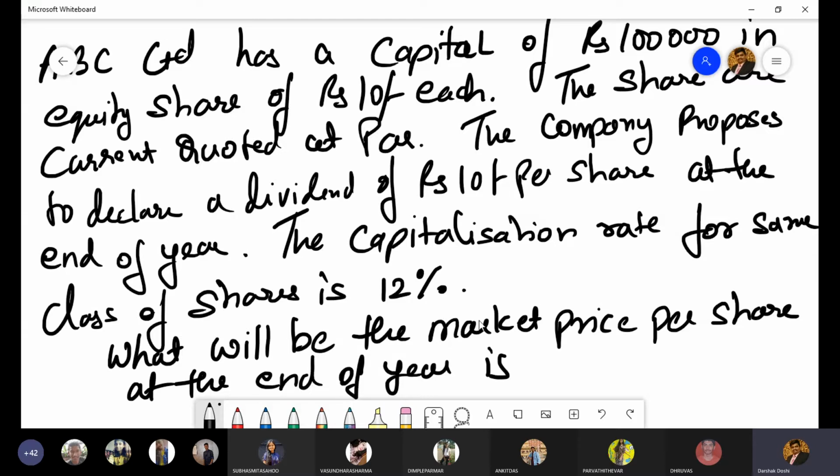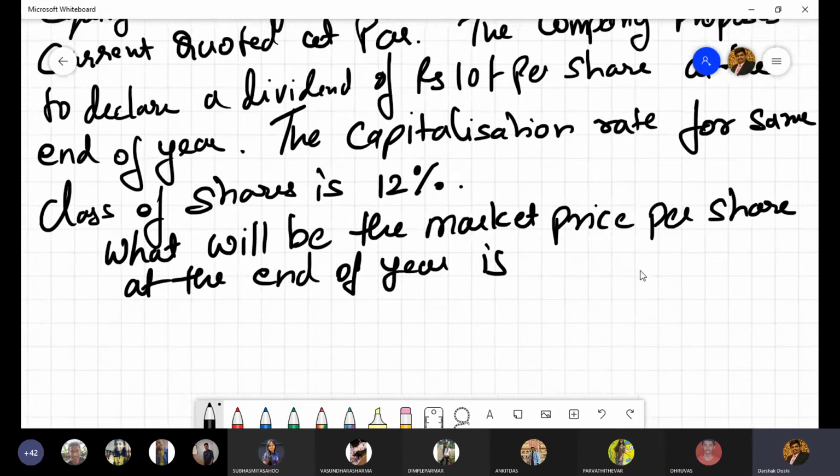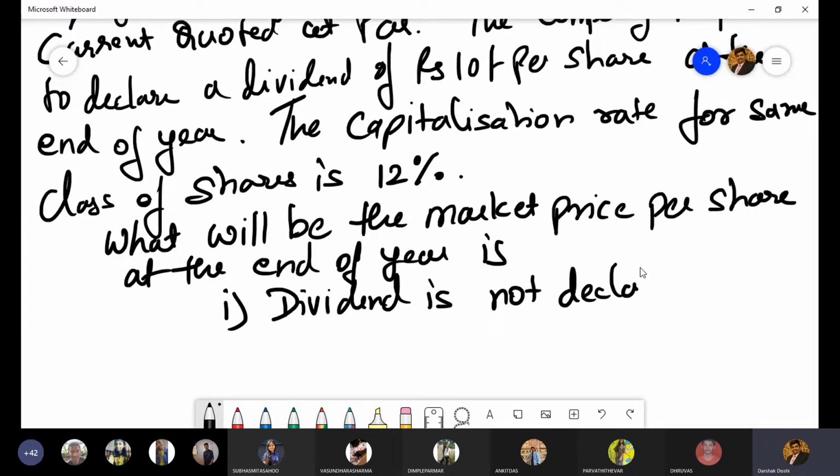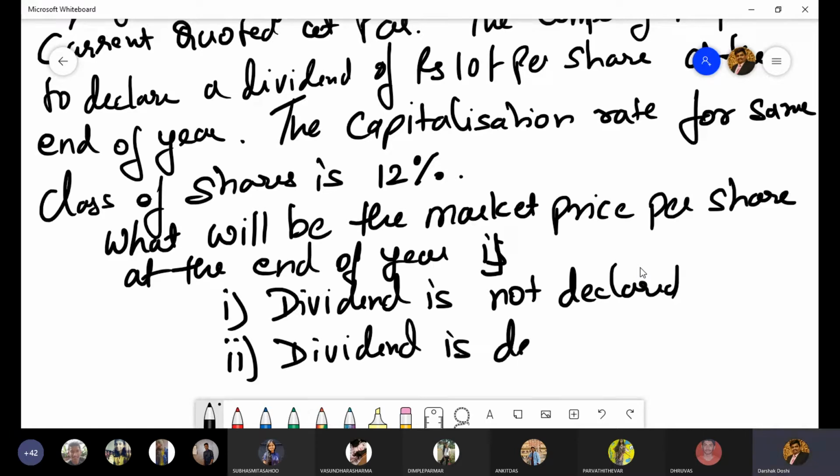if number one, dividend is not declared, number two, dividend is declared. So we need to find out market price at the end.